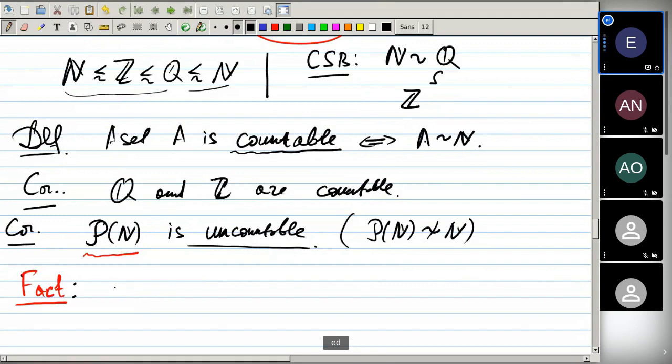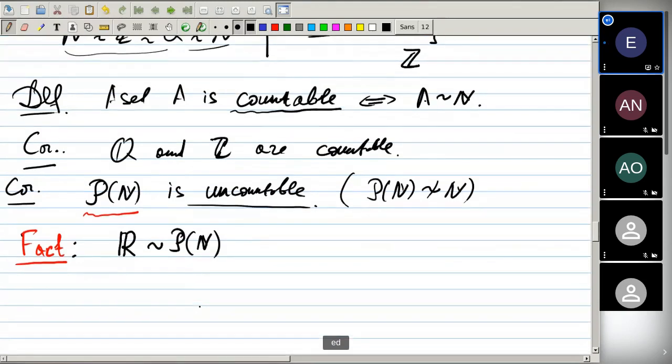But nevertheless, as a matter of fact, please remember that the set of all reals is equivalent to the set of all subsets of naturals. There are as many real numbers as there are subsets of naturals.